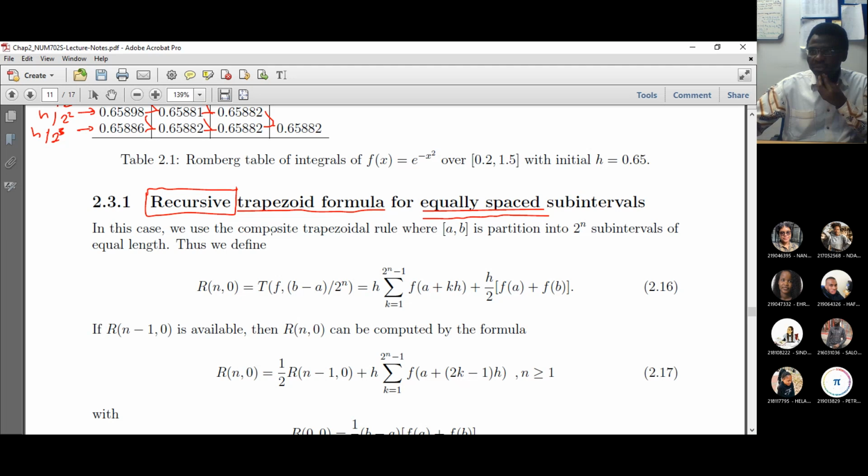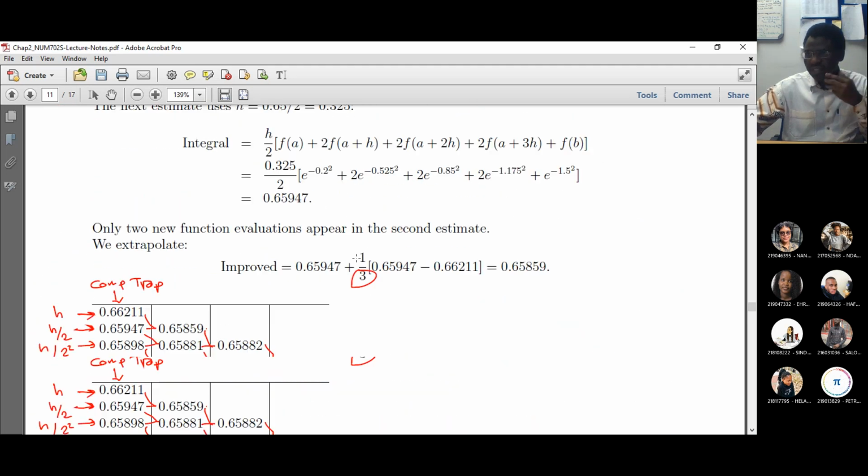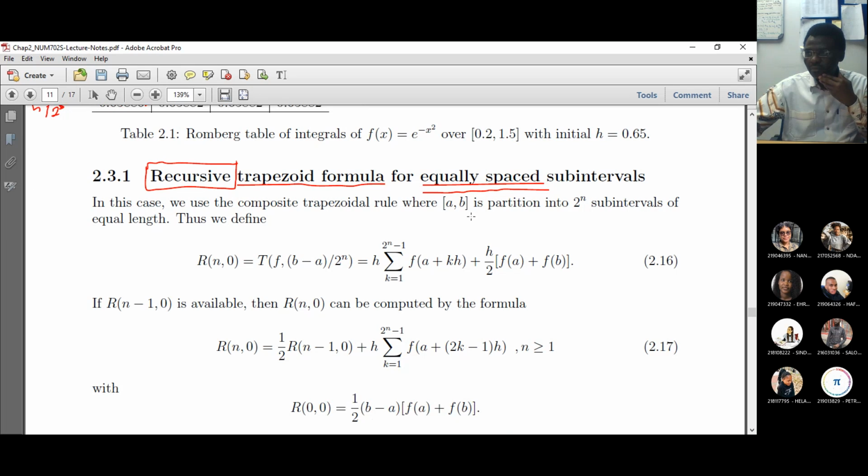What we are going to do is use the composite trapezoidal rule, which is similar to what we have done here. We are going to partition our interval into 2 to the n subintervals. No longer n, but 2 to the n. So the number of subintervals is a power of 2.